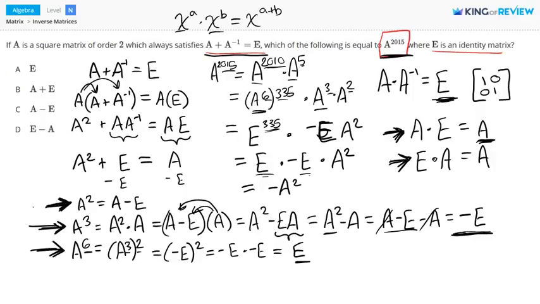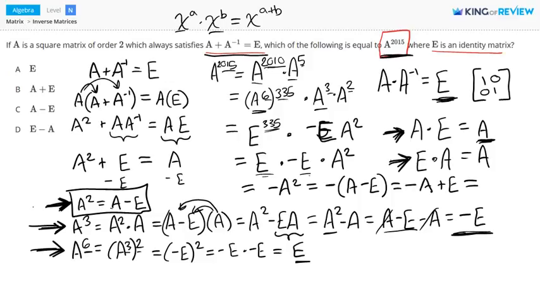We solved for that here. So this is equal to negative, and then A squared is A minus E. Again, we solved for that here, so we know what A squared is. And now just distribute the negative sign, so we have negative A plus E, and another way of writing this is E minus A. So this is our final answer.